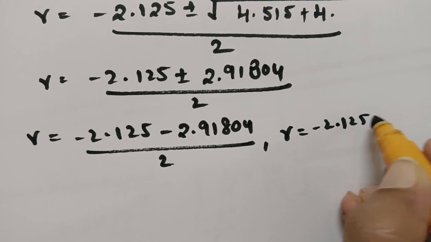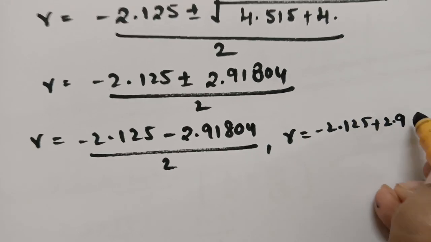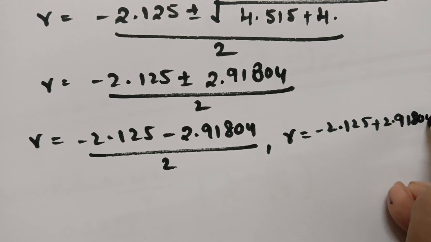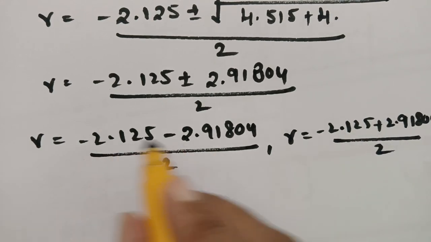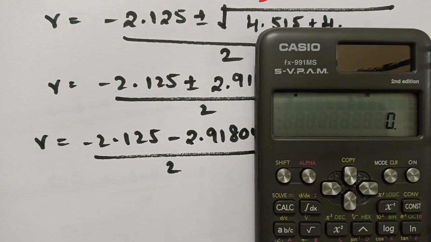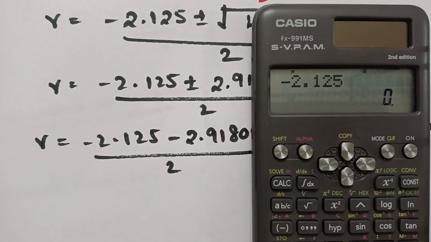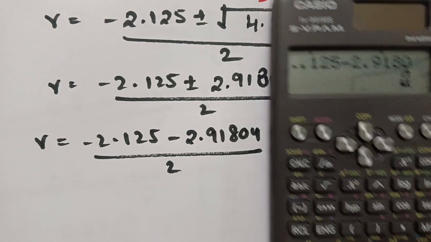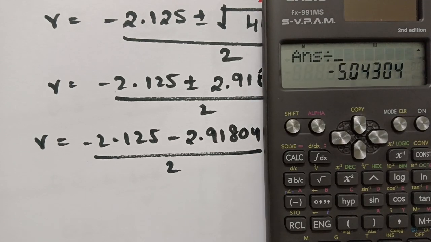So here the r value is minus 2.125 minus 2.91804 divided by 2.